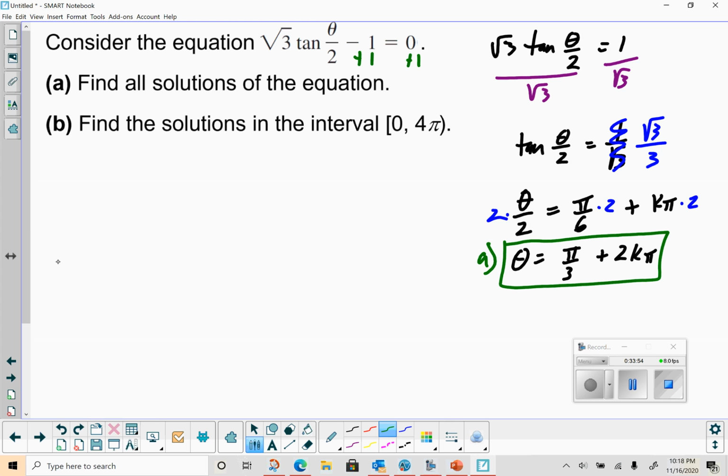Part B then. Well, when k is equal to 0, theta is equal to pi over 3.